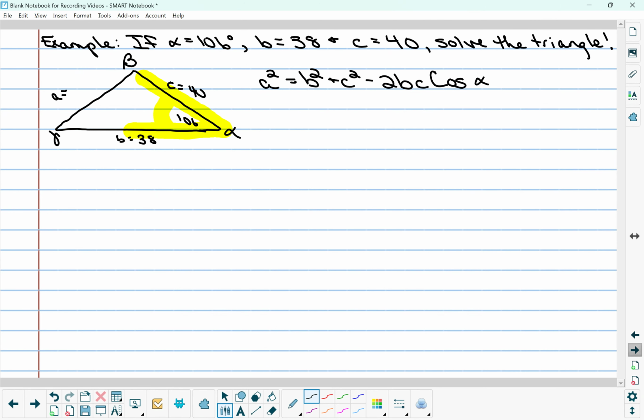And then we're going to plug in what we know. We don't know A squared. We know B is 38, so 38 squared plus C is 40 squared minus 2 times 38 times 40 times cosine of 106.